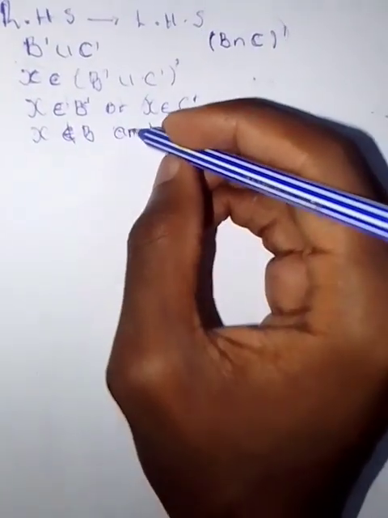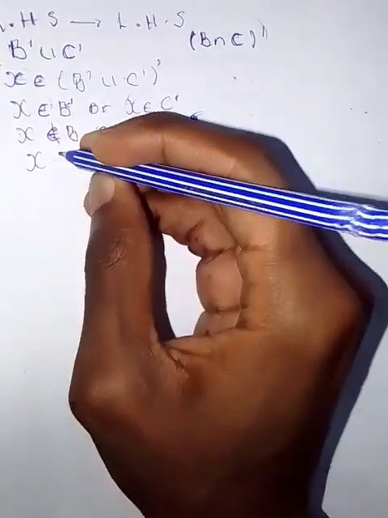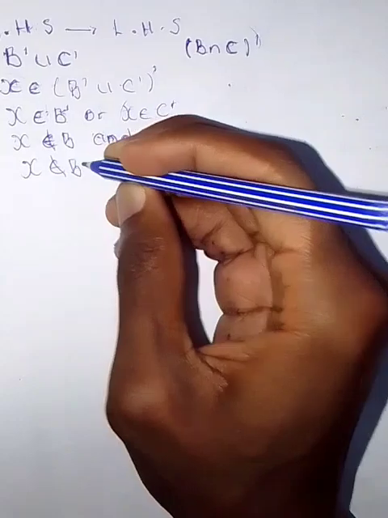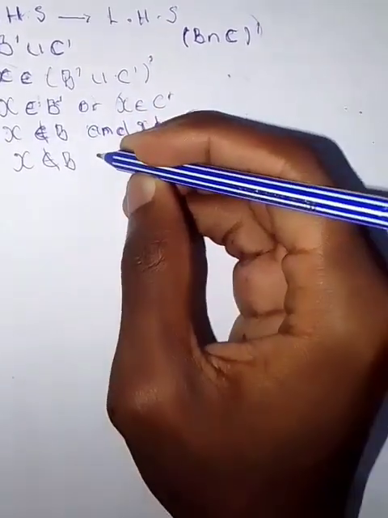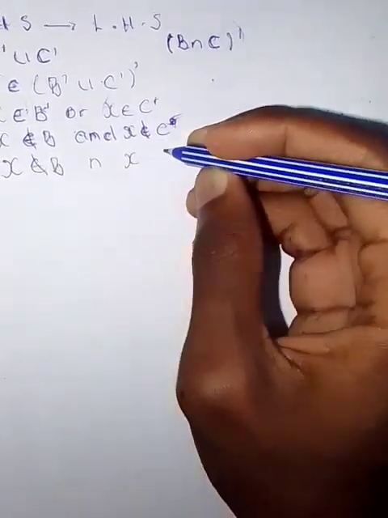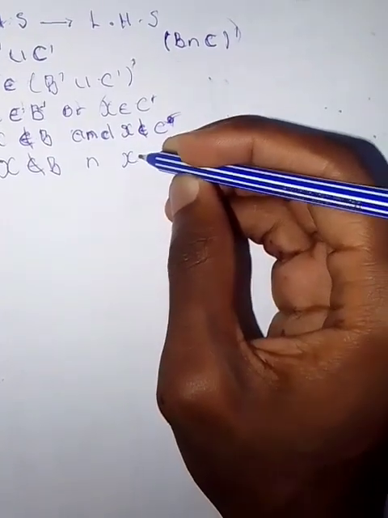So this is going to be X not being a member of B, and X not being a member of C.